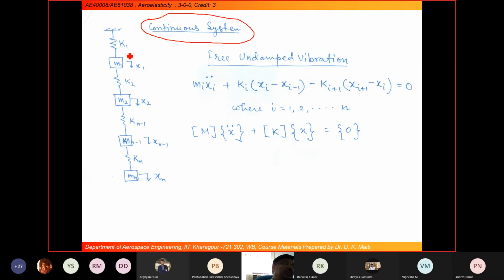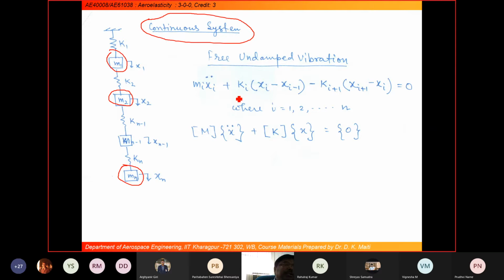Let me just take a continuous system like this. In this continuous system, basically the masses are all lumped masses, M1, M2, M3, like that, Mn. Those many masses are there. That means those many degrees of freedom will be associated with this continuous system.